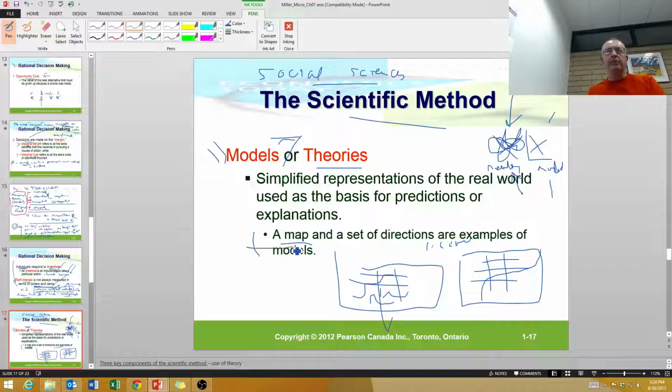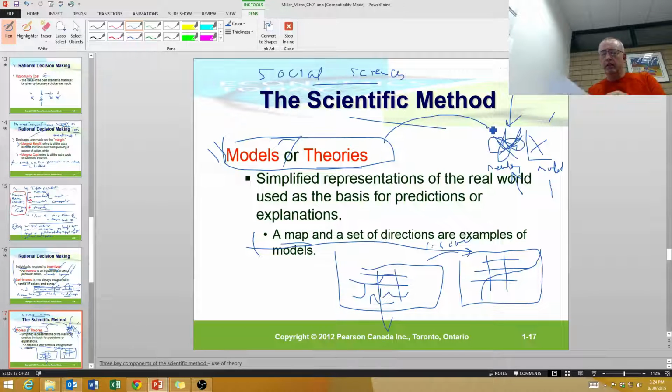The map simplifies the actual street pattern. Likewise, in economics, we use these models or theories that simplify reality in order to make certain aspects of it explainable. And because the model or the theory is a simplification of reality, we often can find some counterexamples that don't fit the theory.